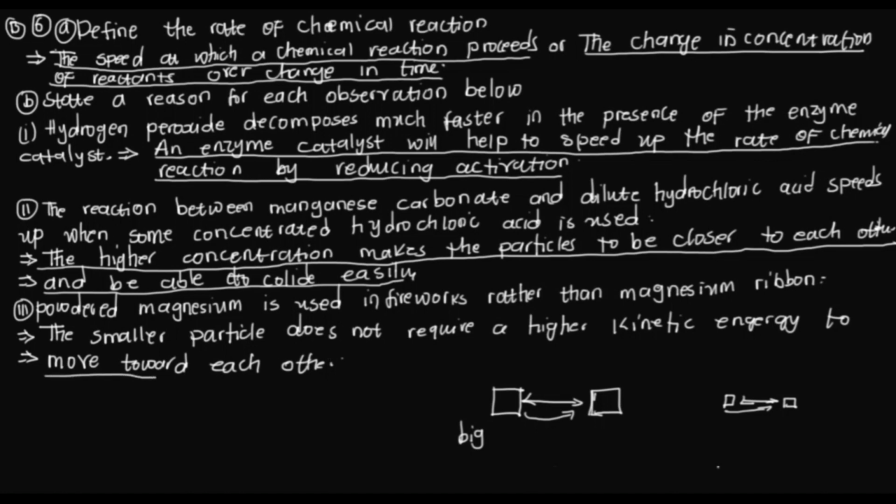So this is what the smaller particles do. It is very easy for a small particle to move, and the amount of energy used by a smaller particle will differ from the one used by a large particle, which will require a large amount of energy to move toward the other particle. So these are the answers for question 6.